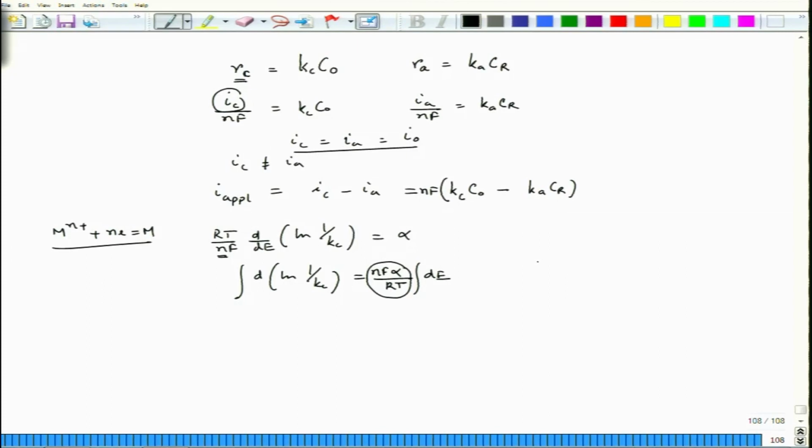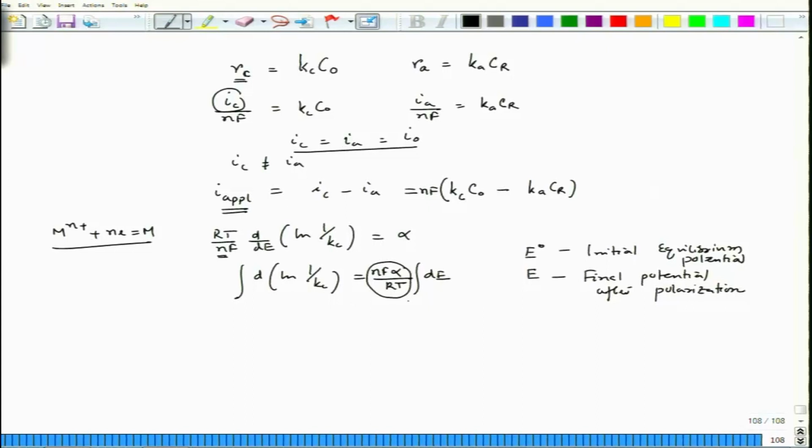When we have polarization because of that net current flow, it can go to either the positive side or the negative side. So, E 0 is basically my initial equilibrium potential and E is the final potential after polarization.